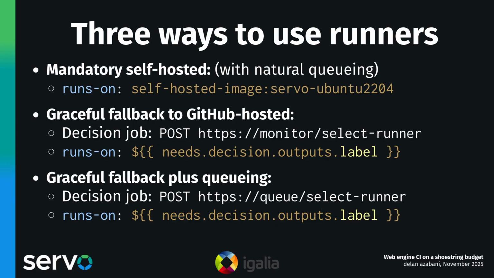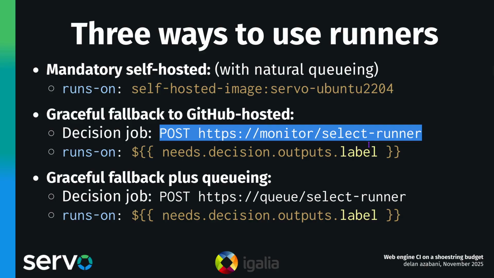So we built some features to allow you to do graceful fallback. And how this works is that each of the servers that operates these runners has a web API as well. And you can hit that web API to check if there are runners available and reserve them. Reserving them is something you have to do if you're doing graceful fallback.